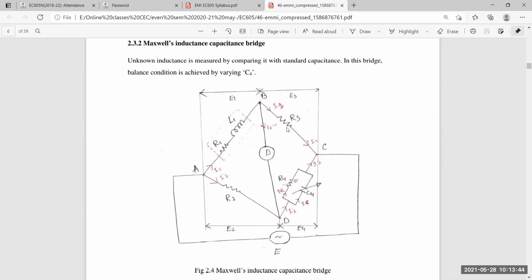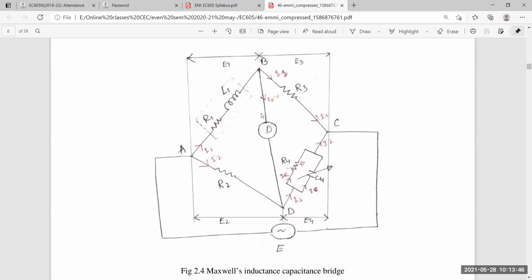Look into the diagram nicely. The diagram is very important, and whatever I'm telling, listen to it carefully. Now, in this particular diagram, we will take this as Lx and this as Rx.